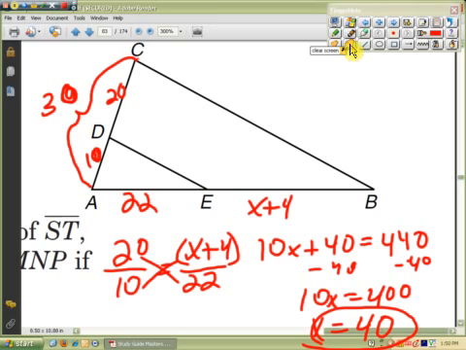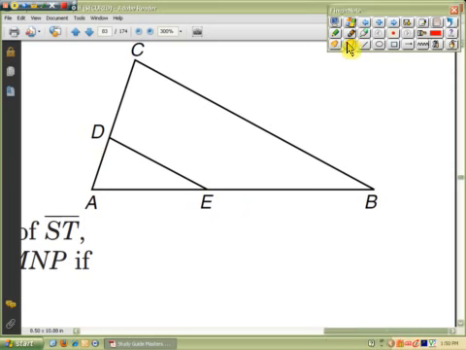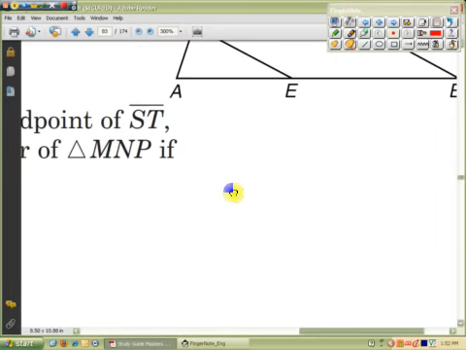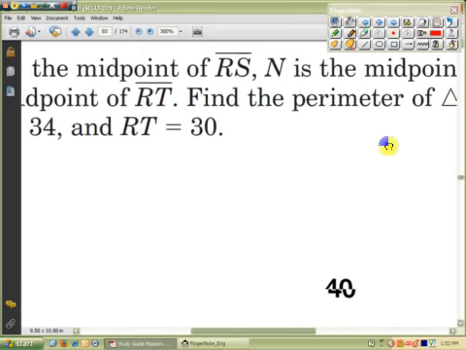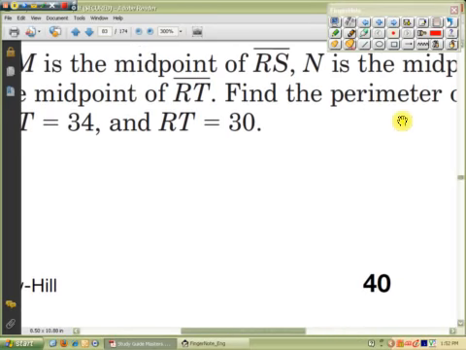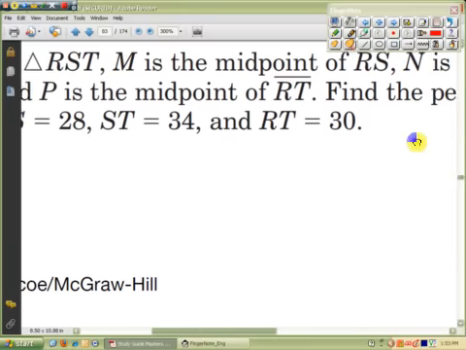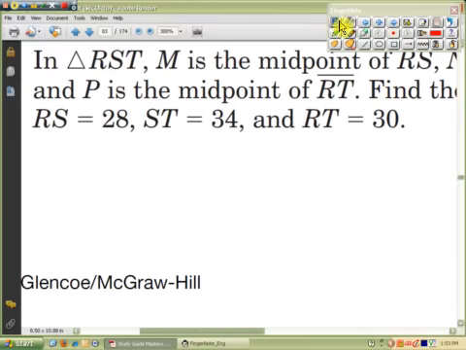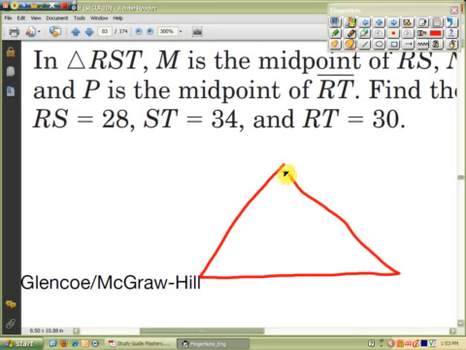I'm going to let you guys do this on your own during class, but right now in the video. So we got number 6. We have, let me move down here. It says, triangle RST. M is the midpoint of RS. So I'm going to draw this picture. There's a triangle called RST. You can label the vertices any way you want. And it says M is the midpoint of RS.